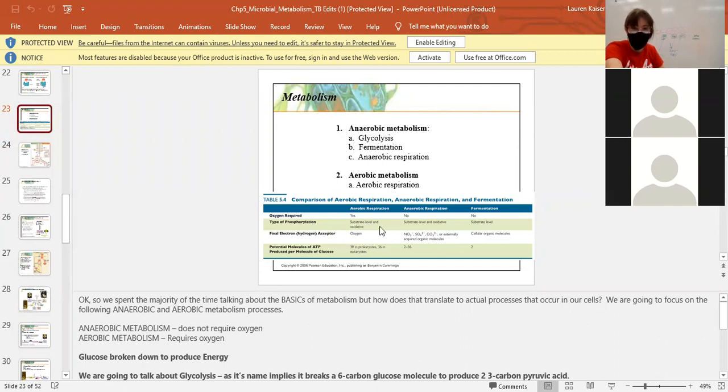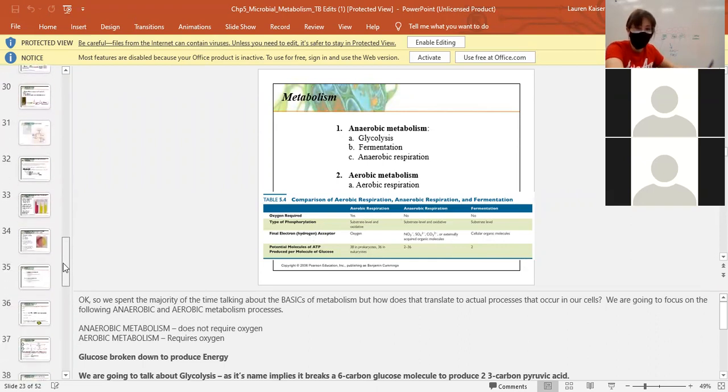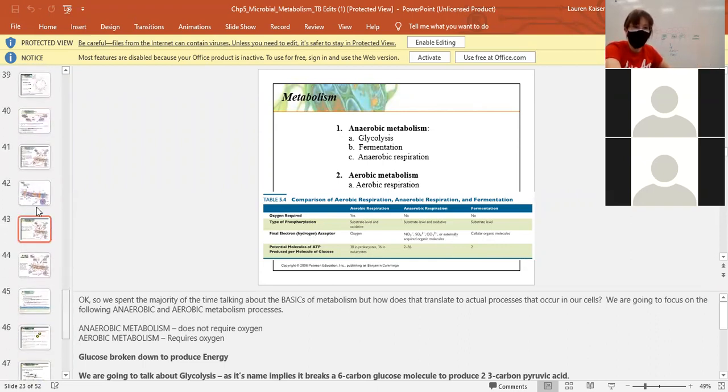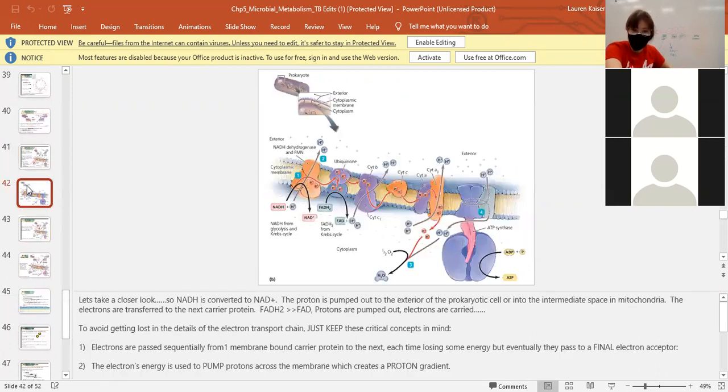If we see any other electron transport chains happening, these are the final electron acceptors. But for the sake of aerobic respiration and the electron transport chain, which is what happens 99% of the time, it's going to be oxygen. And we see that here, right? It forms an H2O complex. You kind of see what's happening. And this creates energy.